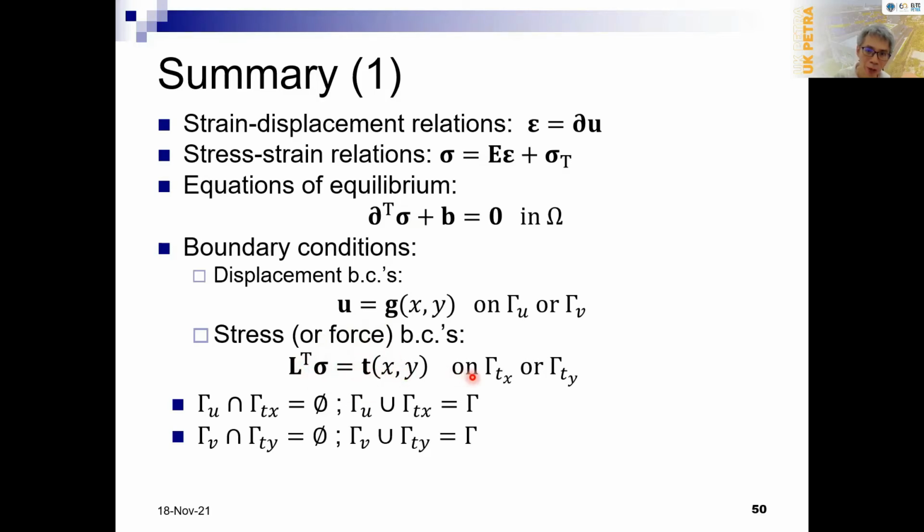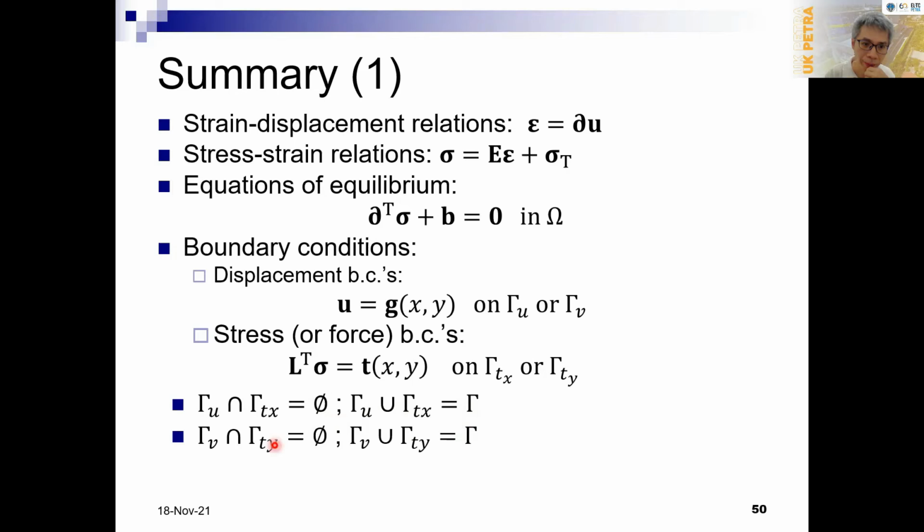This can be applied to gamma tx or gamma ty. We should pay attention that gamma u and gamma tx cannot overlap. In other words, the intersection of the displacement boundary condition and the force boundary condition in the same direction, this is in the x direction, must be empty. But the union of them makes the whole boundary.